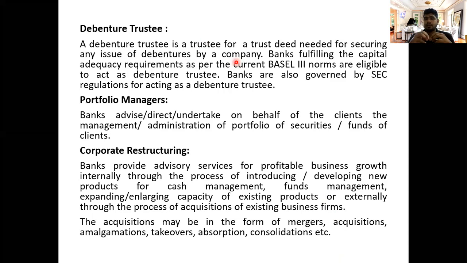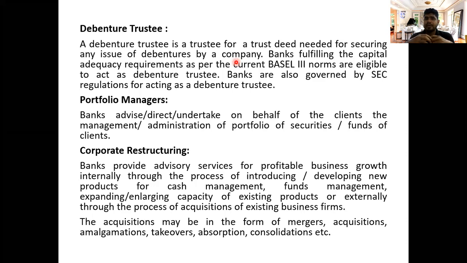Once the company issues debentures, the public hesitate to invest in buying the debentures. Sometimes the company issues the debentures and then disappears. To avoid that kind of situation, the investors need a security, a guarantee.